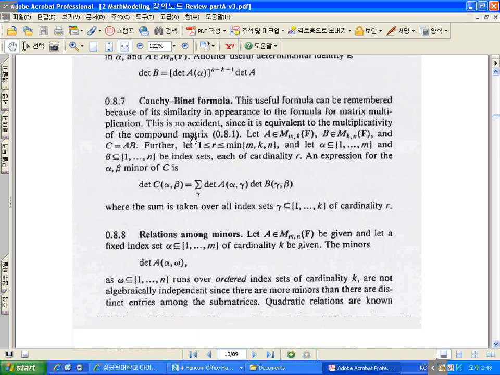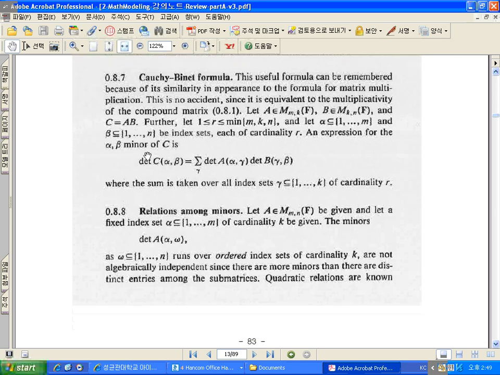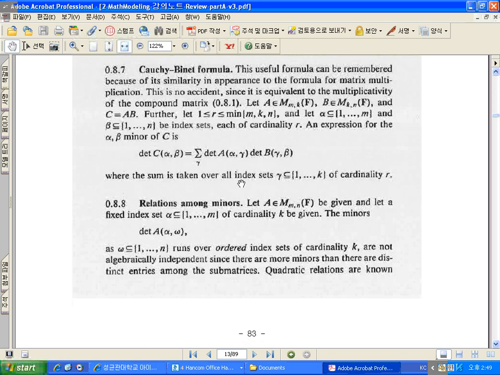Suppose C is a matrix which is obtained by multiplying two matrices A and B. Then this Cauchy-Binet formula tells us the determinant of a submatrix of C can be obtained as the summation of the determinant of some submatrix of A times the determinant of a submatrix of B with this gamma of cardinality r.